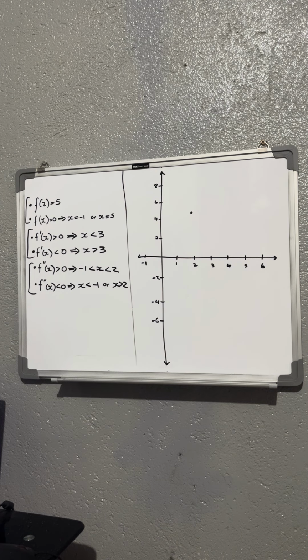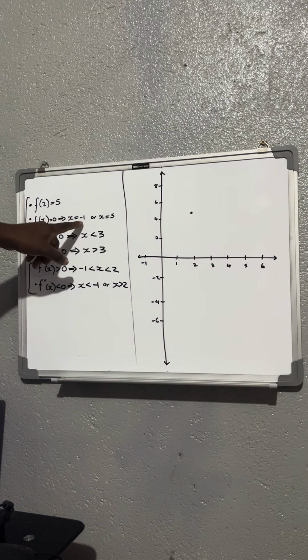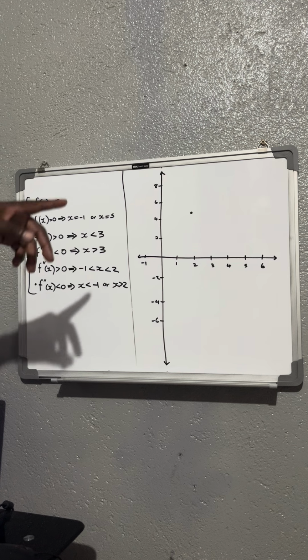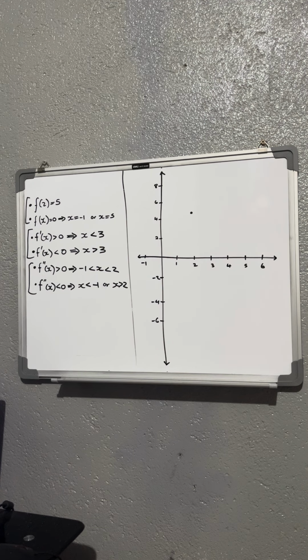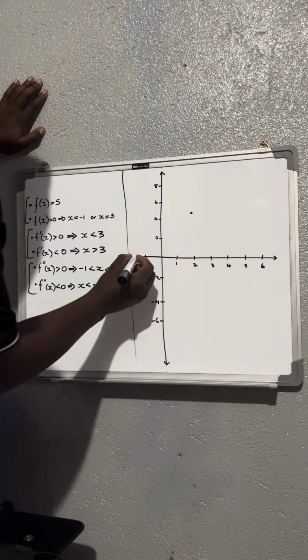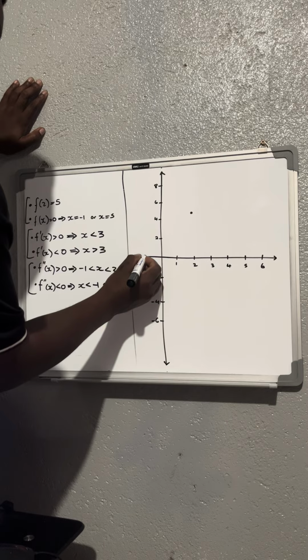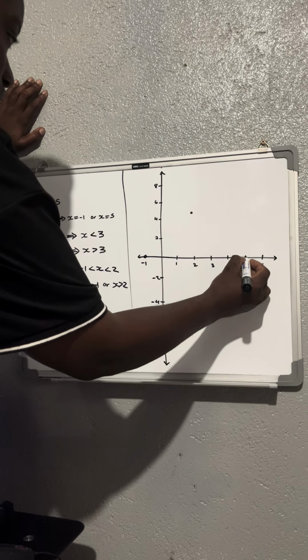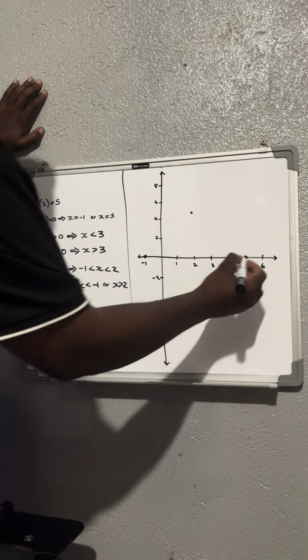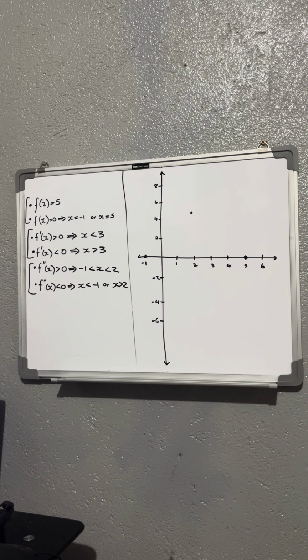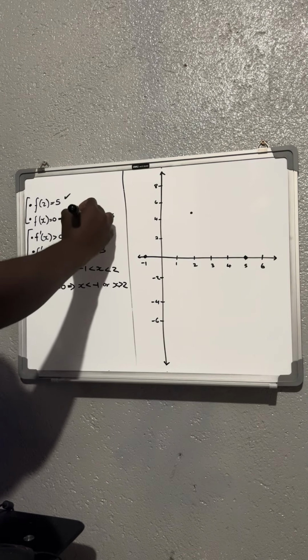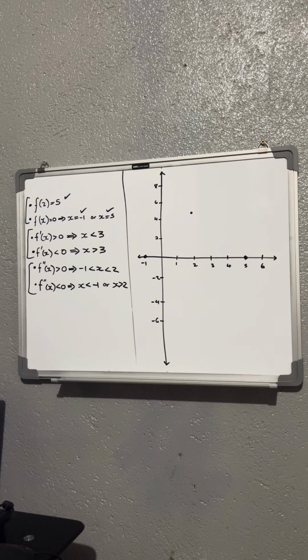The other one says if y is 0, this implies that x is equal to -1 and x is also equal to 5. Then we can quickly mark those, that okay, we are done. This one we did, this one we did, this one we did.